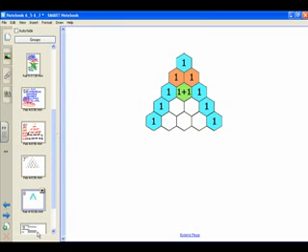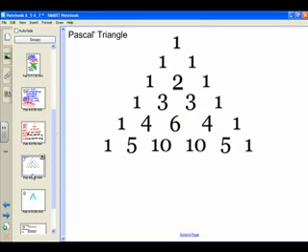See how this pattern goes? These are where the numbers come from. So when we come up here, notice 1. Well, 1 plus 0 is 1. 1 plus 0 is 1.